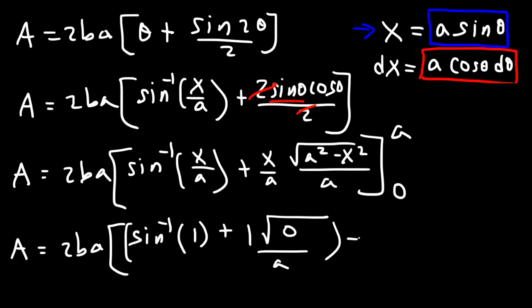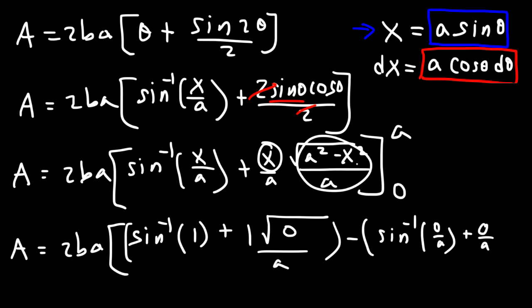And then minus, so now we need to replace x with 0. So we're going to have the arc sine of 0 over a plus 0 over a, times this stuff. So that's the square root of a squared minus 0. The square root of a squared is a, divided by a, that's just 1. Now let's cancel this.